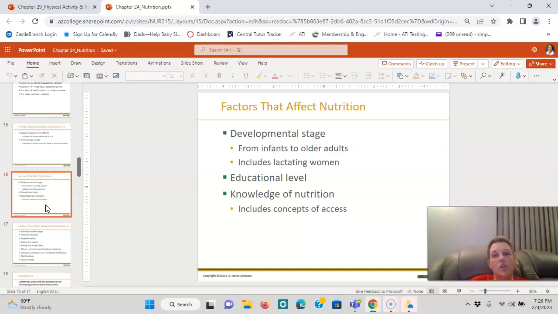Education level also has to do with socioeconomic level. If you cannot afford it, you're going to choose more non-nutrient foods because that's all you can afford. The knowledge of nutrition comes with that educational level as well. Once you understand the concepts of access to healthcare, access to good nutrition, that also affects your nutrition status.